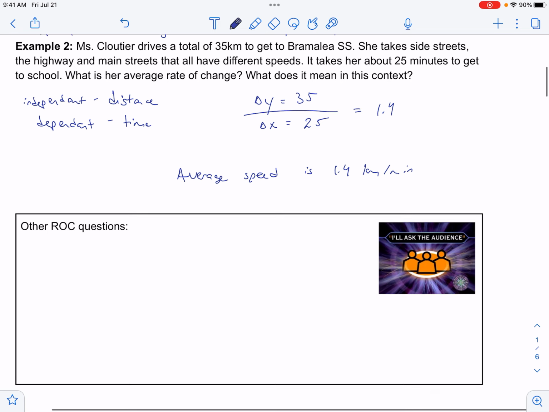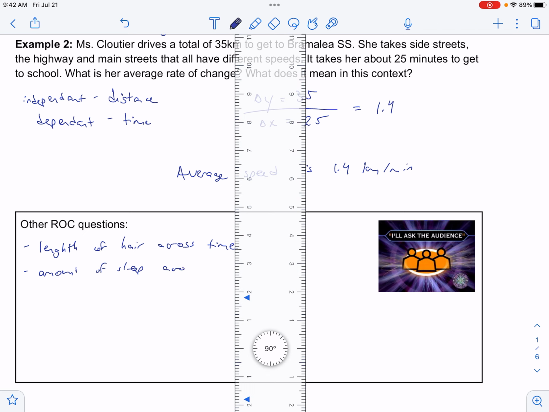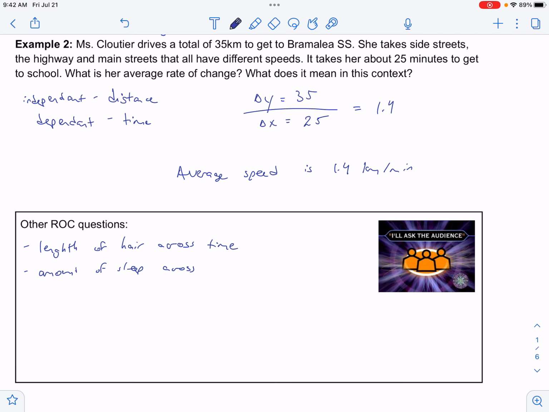Okay, there are lots of different rate of change questions you might be looking at. Hopefully you can think of one in your own head, in terms of something changing per whatever. So for example, your length of hair across time, right? The more time has passed, the longer your hair is going to be. Maybe it's amount of sleep across your age.